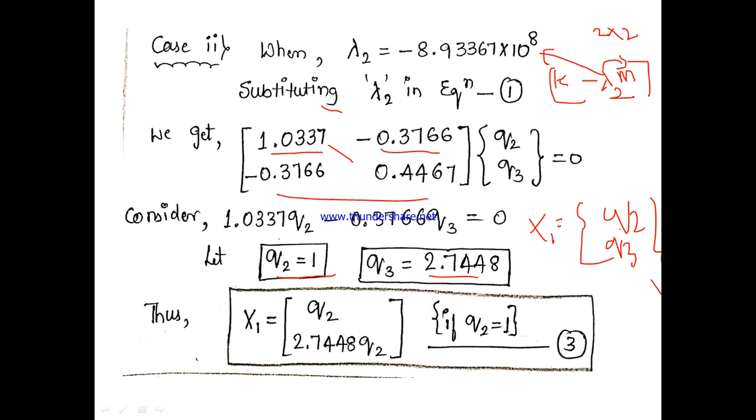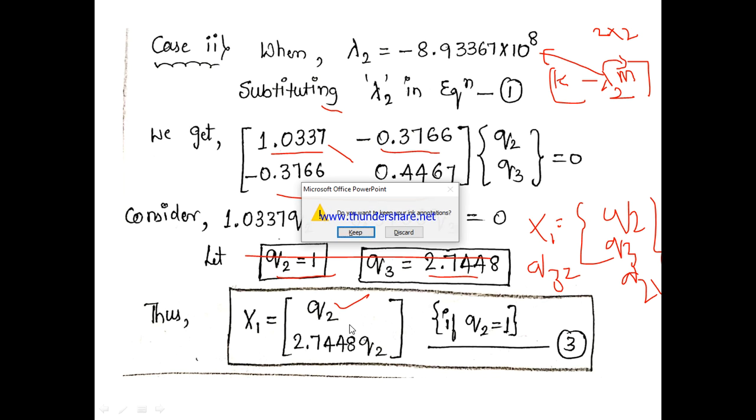q2 I will place as it is here, and q3 I will put in terms of q2. If I substitute this, you need not substitute anything. Don't consider this directly here. Q3 is equal to how much in terms of Q2? That is the value here, 2.744868 Q2.